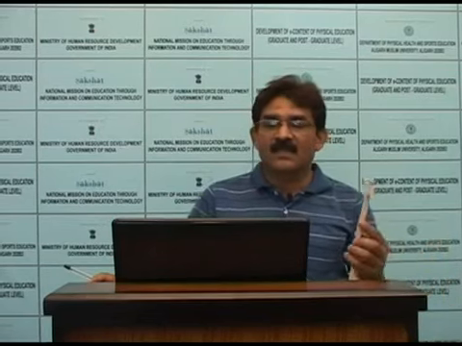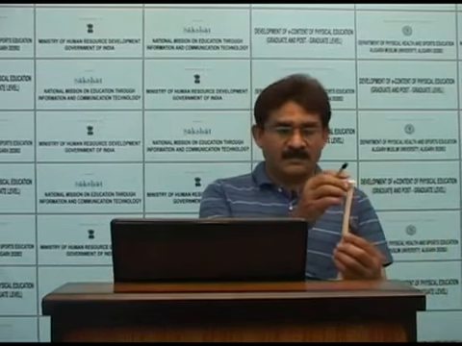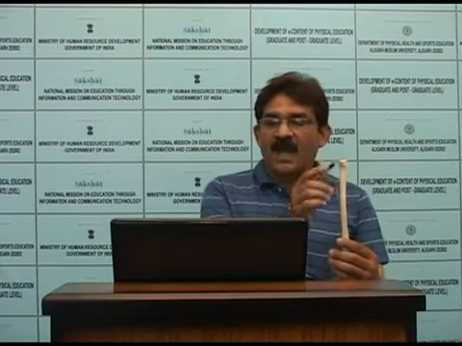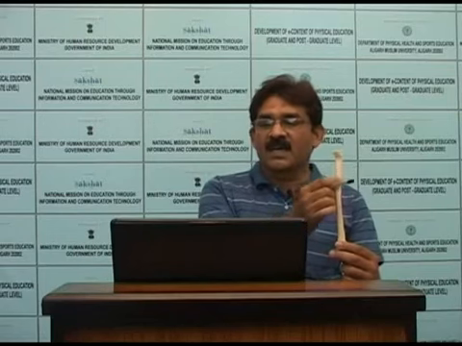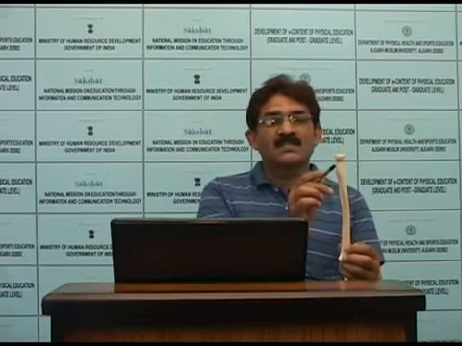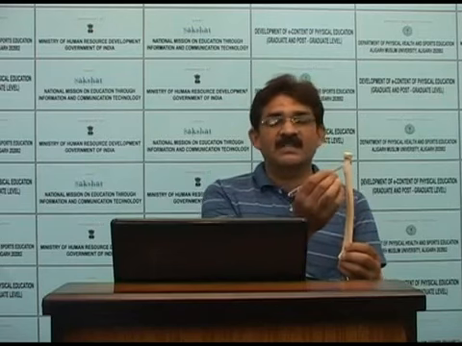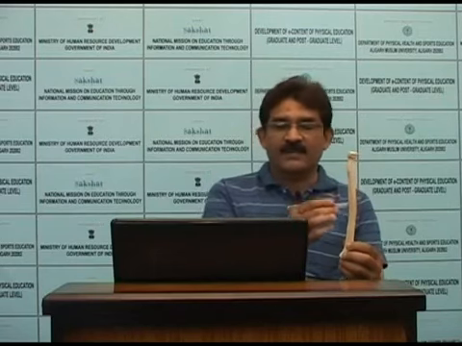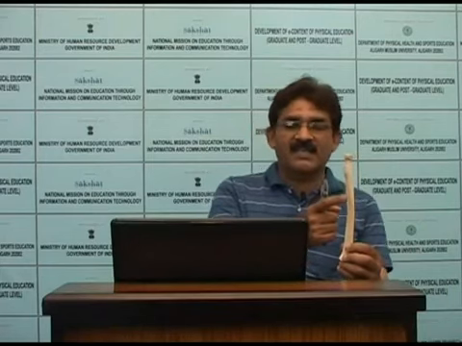Now we can discuss the radius. It has an upper end: head of the radius, and this is the neck of the radius, radial tuberosity. This is the radial tuberosity and articular circumference. Shaft with the interosseous border.